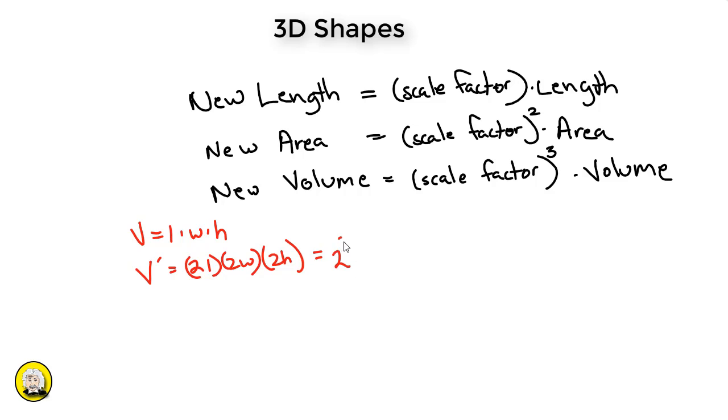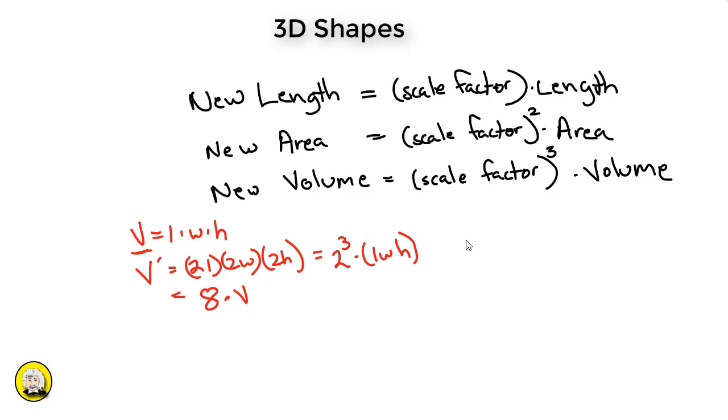That in turn equals 2 cubed times length, width, height. And I know length, width, height is my original volume, so I can substitute that back in, and my new volume equals 2 cubed, or 8 times my original volume, V.